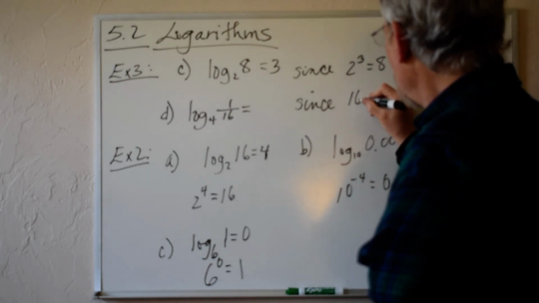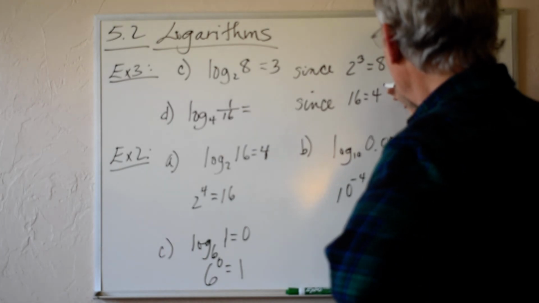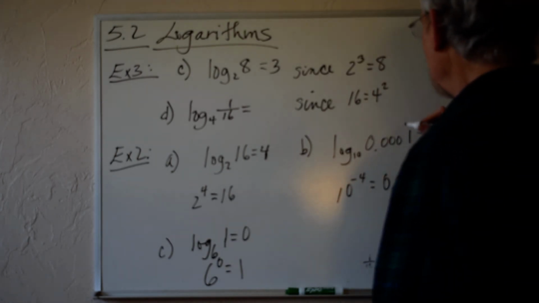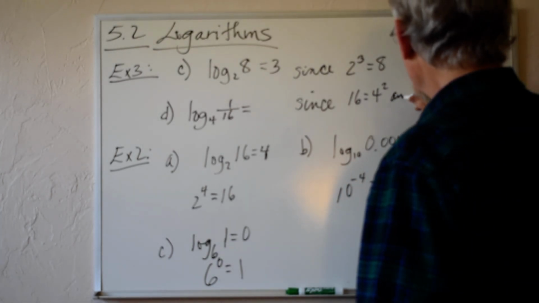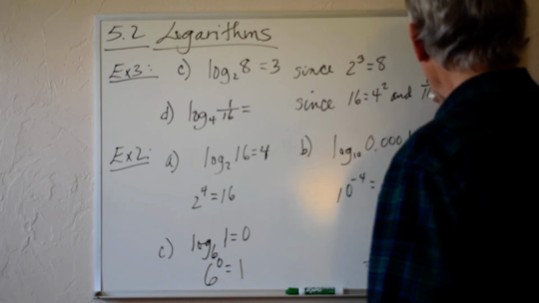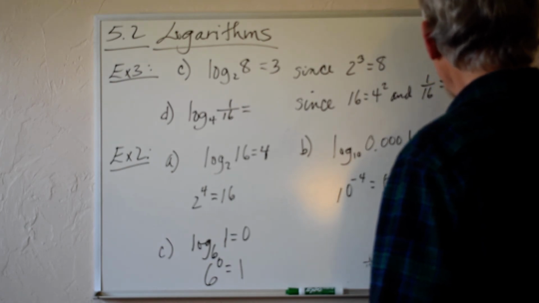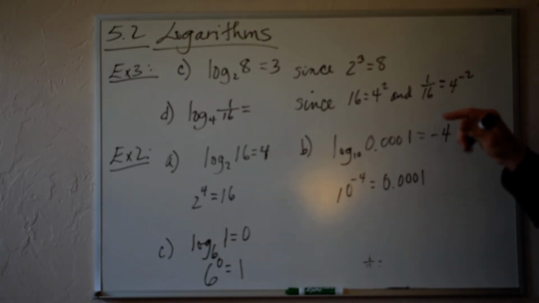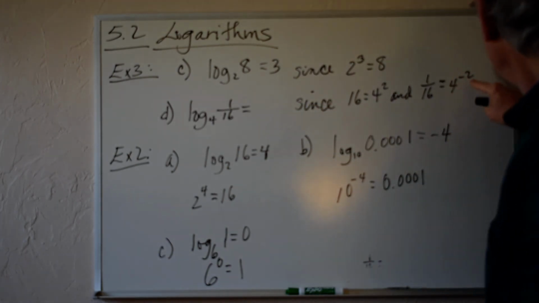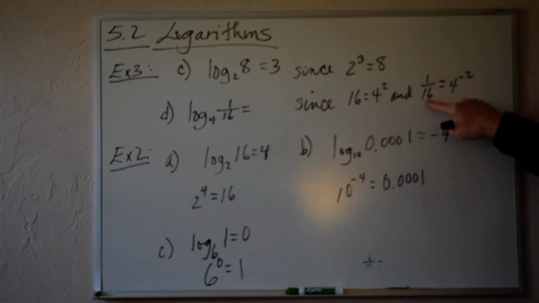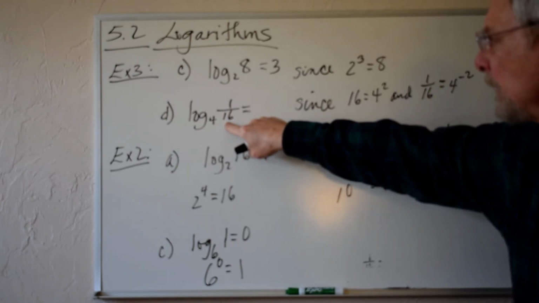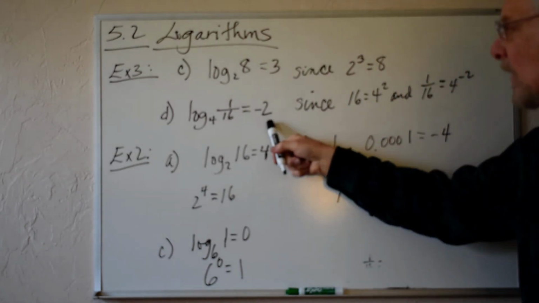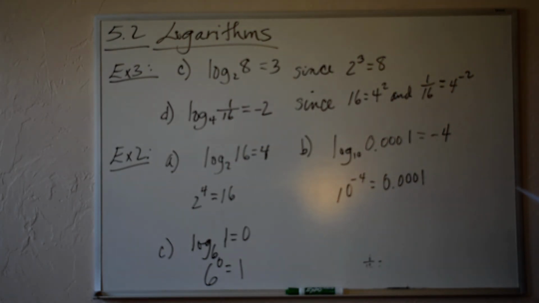Well, I know that 16 equals 4 squared, right? Therefore, 1 over 16 is equal to 4 to the negative 2. Yeah, that's right, we've seen that before. So, since the base raised to the exponent negative 2 gives me the number I'm taking the log of, that must be what this log value is. That's the exponent. That works.